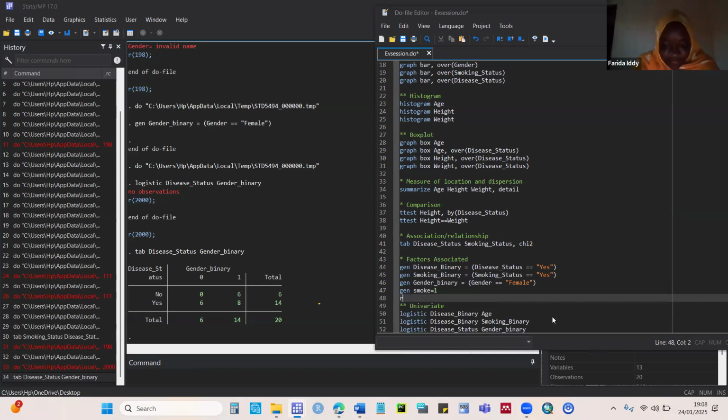Then like this, smoke equals to 1 if smoking equals to 0 if smoking.